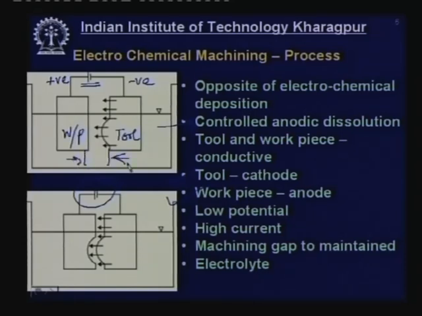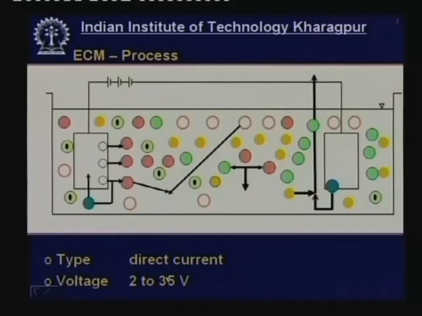Initially, the machining gap could be rather high, but during steady state operation, the tool has to be fed continuously so that a specific gap can be maintained. And as we have already said, the whole thing has to be immersed in an electrolyte solution, and sodium chloride or sodium nitrate aqueous solutions are the typical electrolytes used in the electrochemical machining process.